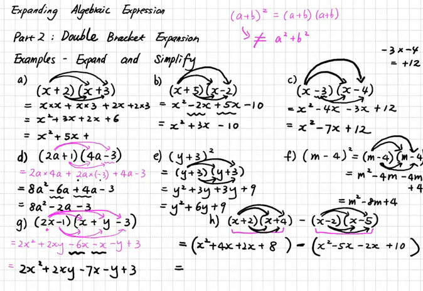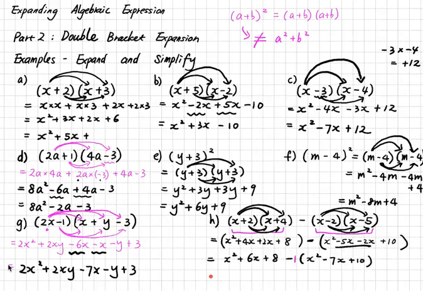Okay, so what I have here is x squared plus 6x plus 8, and I'm going to take away everything inside the bracket, which is x squared, if I collect the like terms here, -7x plus 10. Now we have x squared plus 6x plus 8.